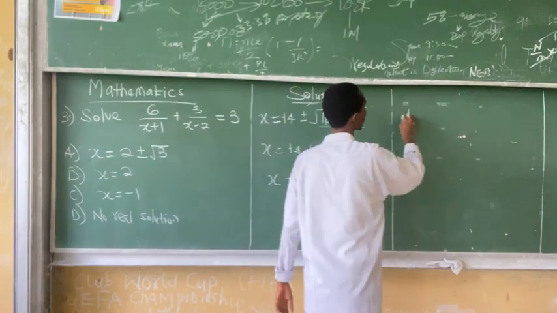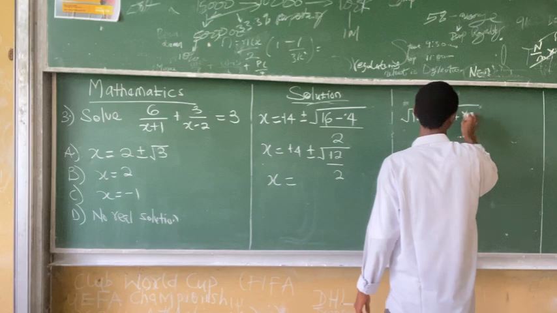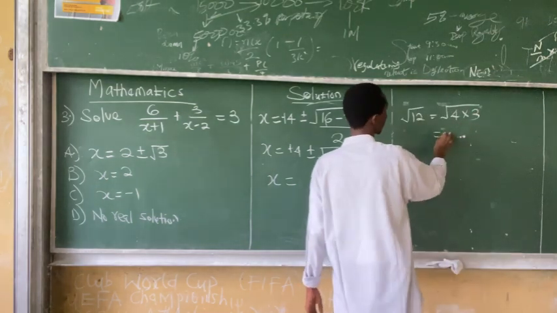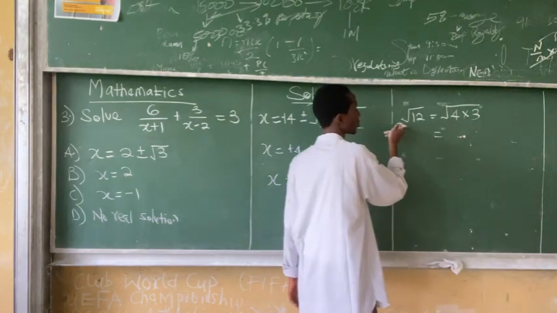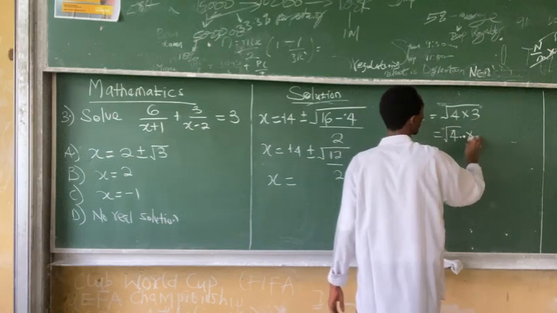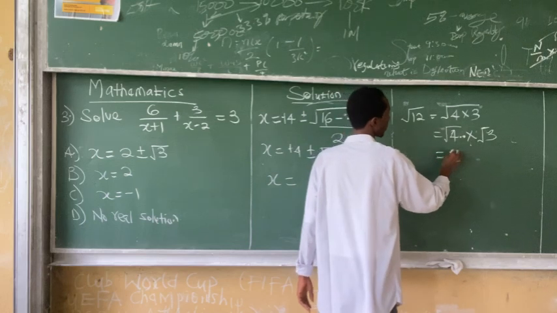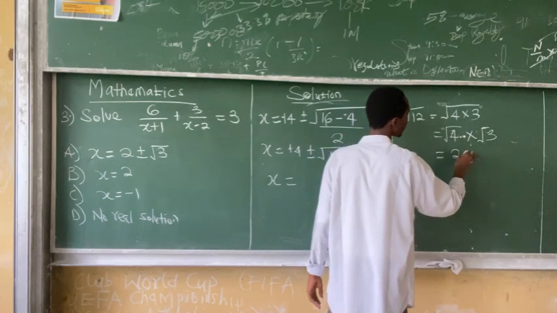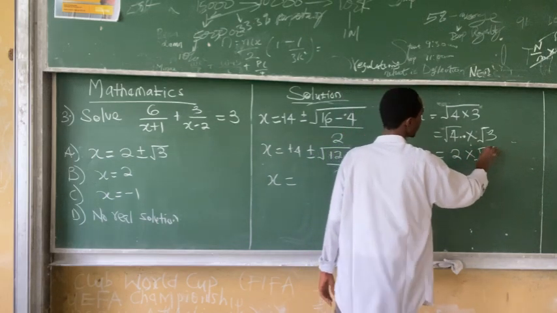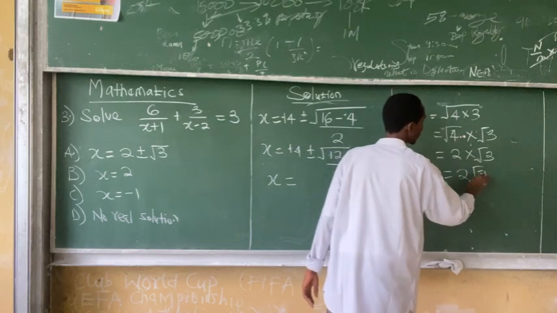Root 12 is the same thing as 4 times 3, right? 4 times 3 gives us 12. This is the same thing as root 4 times root 3. Square root of 4 is what? 2. This is the same thing as 2 times root 3, which is 2 root 3.